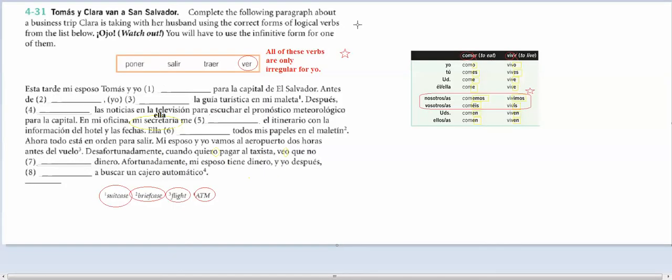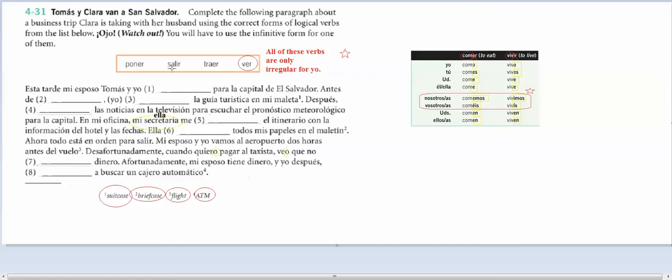In this activity it says complete the following paragraph about a business trip Clara is taking with her husband using the correct forms of logical verbs from the list below. Ojo, watch out. You'll have to use the infinitive form for one of them. The infinitive just means that you don't conjugate the verb. All of these are irregular in the yo.